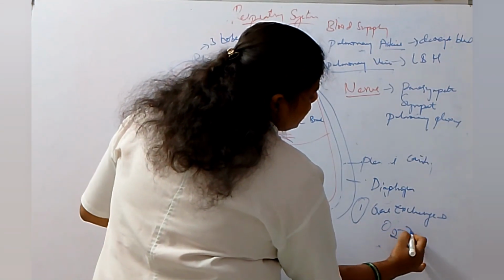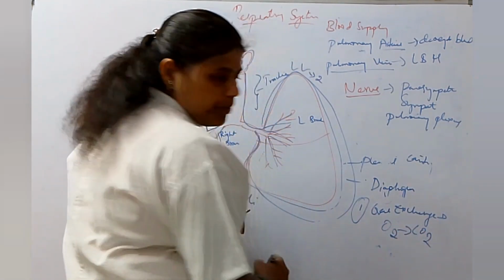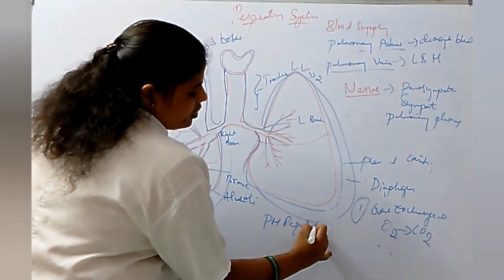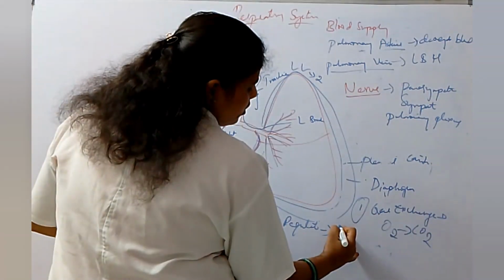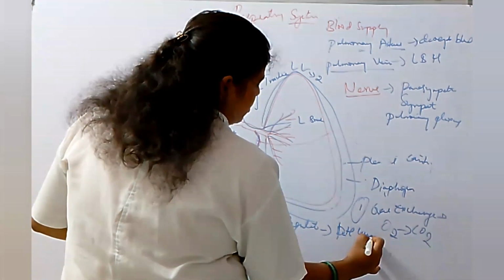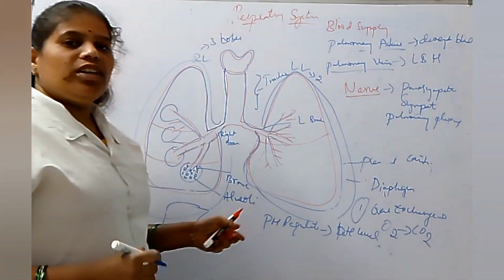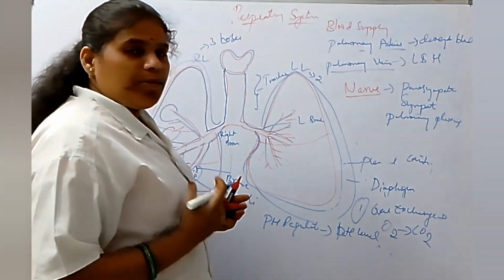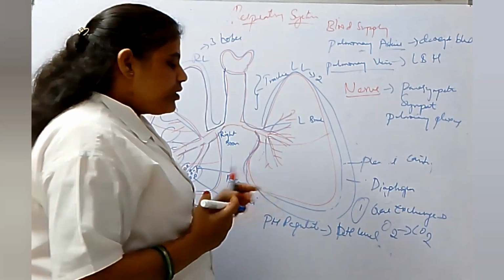Then pH regulation: it maintains the pH level by inhaling and exhaling carbon dioxide and oxygen.